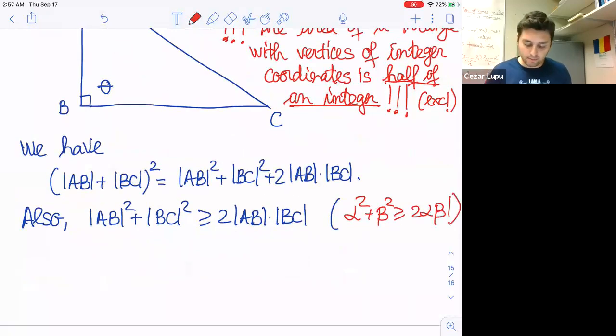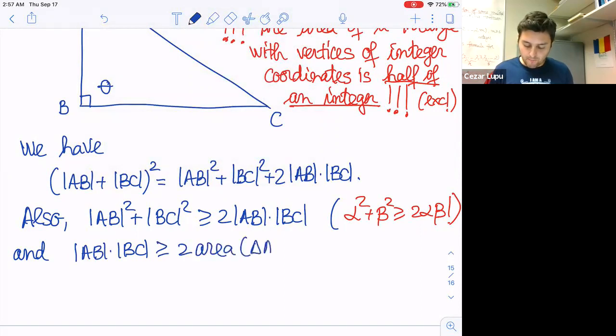And we also have that AB times BC will be greater or equal than 2 times the area of the triangle ABC. Well, what is this?